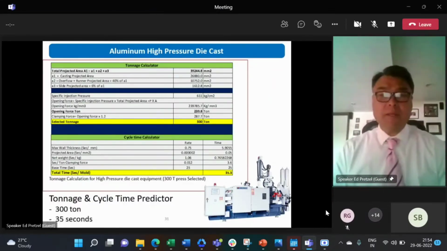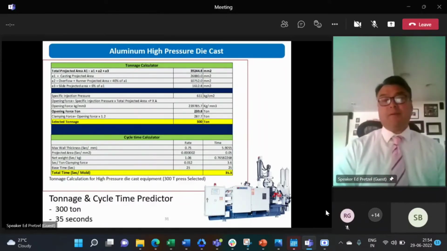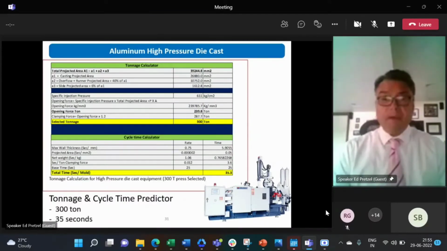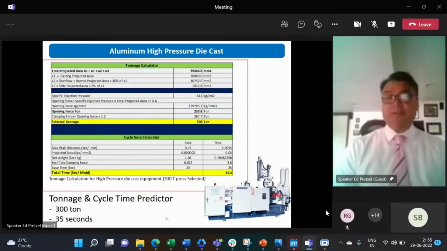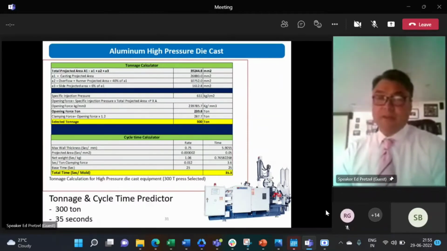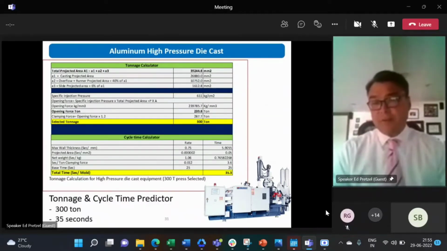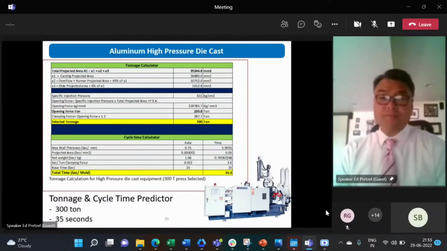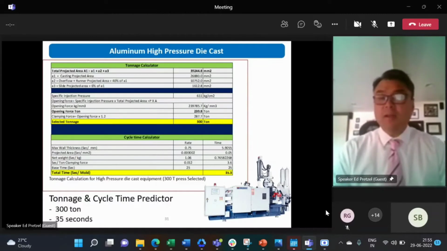Okay, so when we start to prepare the cost for the aluminum high pressure die cast process, we first have to calculate the tonnage required and the cycle time. We have calculators that do this. There's a fairly moderate level of engineering required to calculate these. In this case, we are showing a required tonnage of 239 tons. There's always a safety factor that you have to put in.